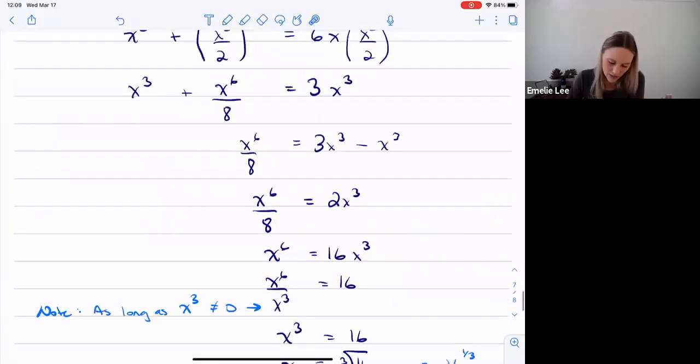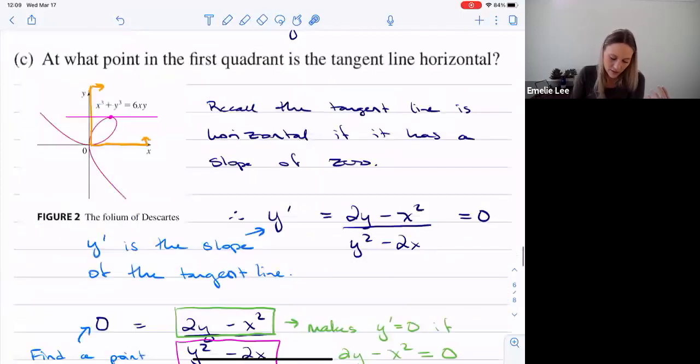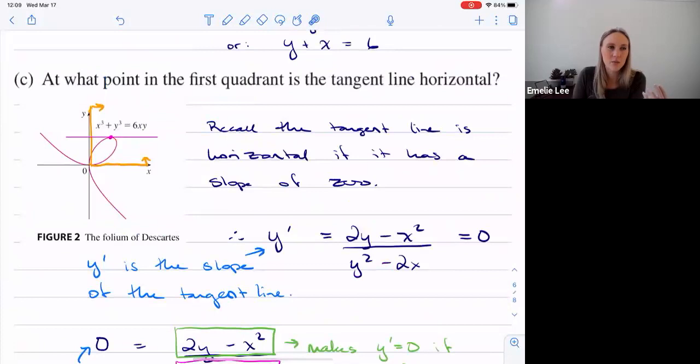And so we said out here at the very edge, probably was at 3.3. And so it makes sense that it would be around 2.5-ish, just looking at it.